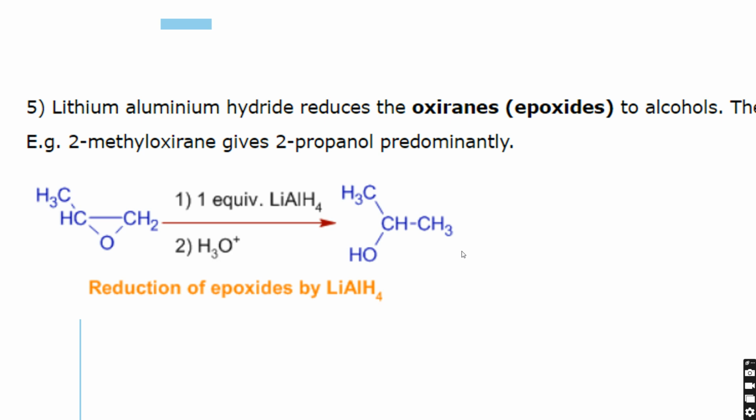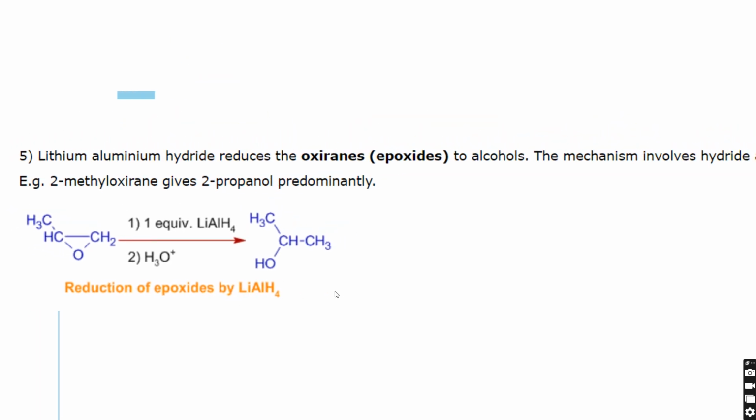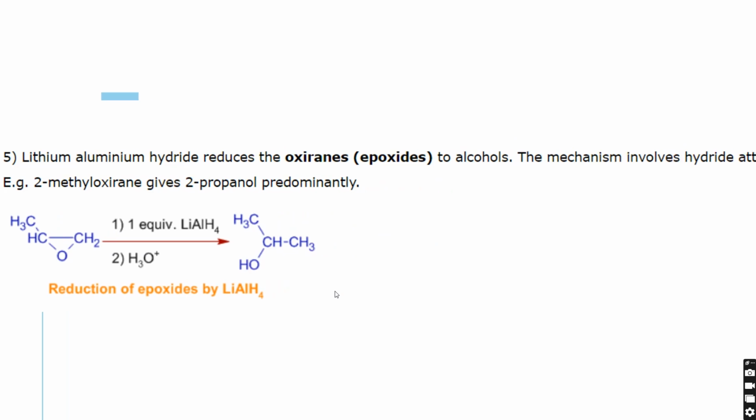After the opening of the epoxide ring, the newly formed alcohol functionality will be on the more sterically hindered carbon, because we are opening the ring from this side. So always remember that hydride donation will take place from the least sterically hindered side of an epoxide.